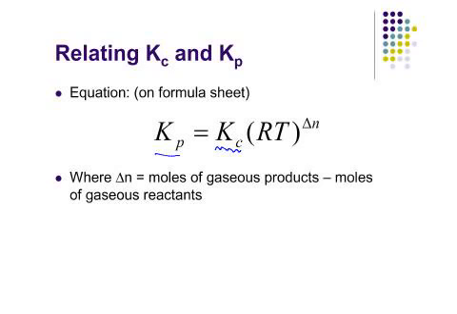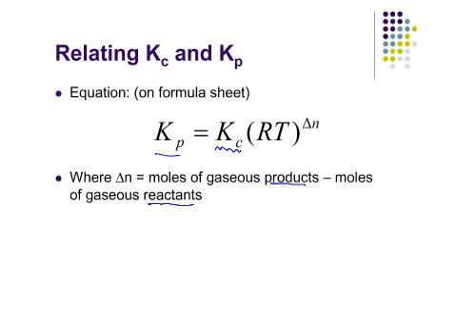And I believe it even tells you on the formula sheet that delta N is moles of gaseous products minus the moles of gaseous reactants. So it's not total products minus total reactants. It's gaseous products minus gaseous reactants. Can you use Kp when you're dealing with changes that have solids, liquids, and gases, all three?